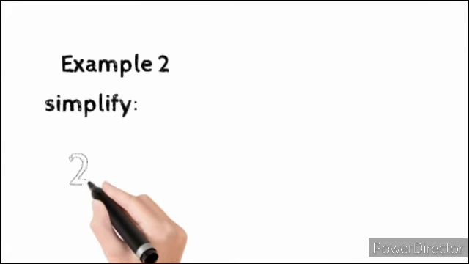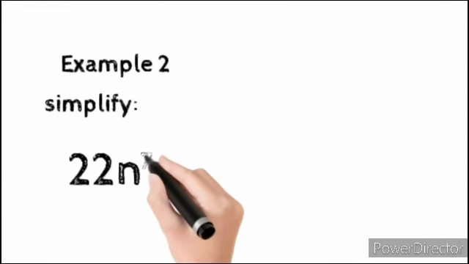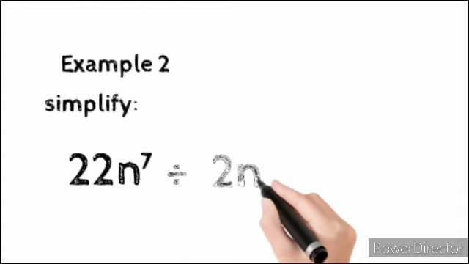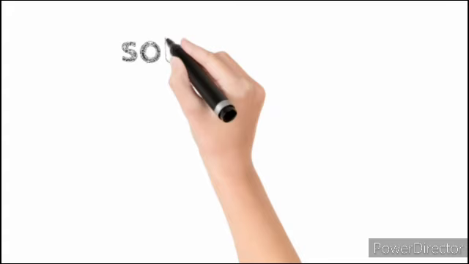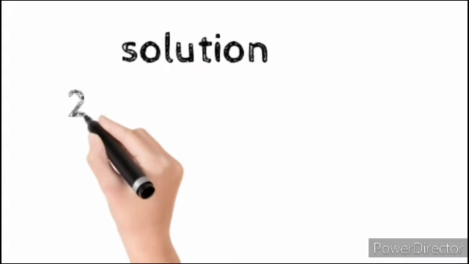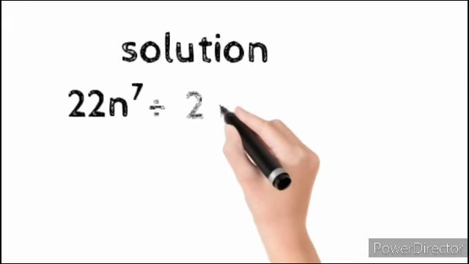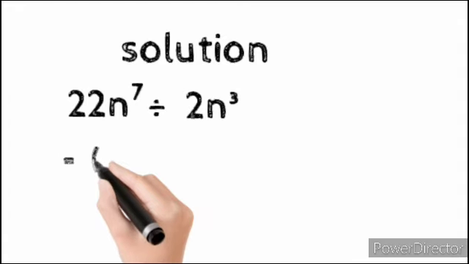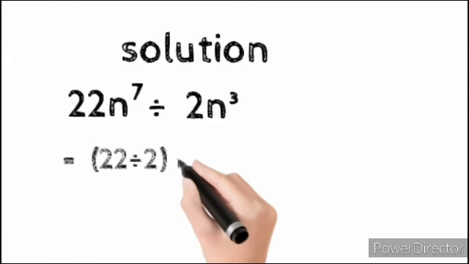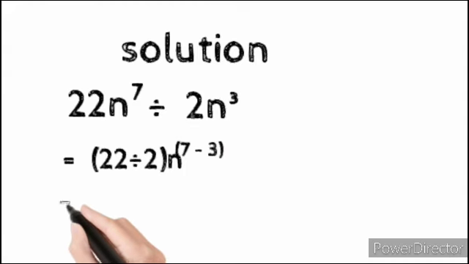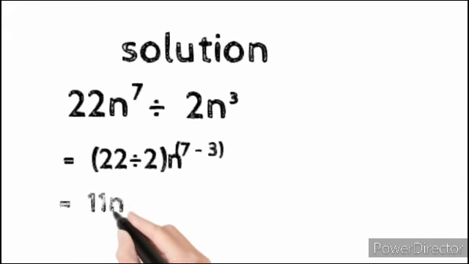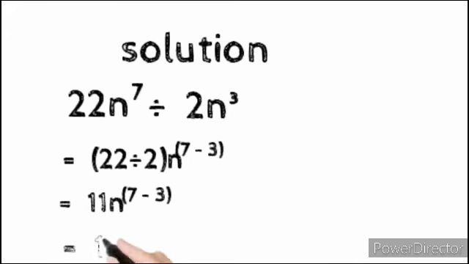22n raised to power 7 divided by 2n raised to power 3 gives us a total answer of 11n raised to power 7 minus 3, which gives us a total answer of 11n raised to power 4.